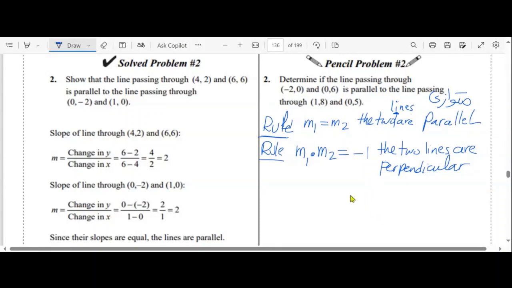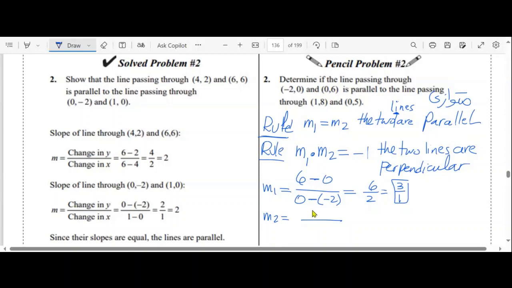So, we need to find the slope for the first line. Okay? How can I get the slope of the first line? It is going to be 6 minus 0 over 0 minus 2. And that gives you what? You get 6 over 2, which gives you what? 3 over 1. Slope number 2 for the second line, because there are two different lines, right?